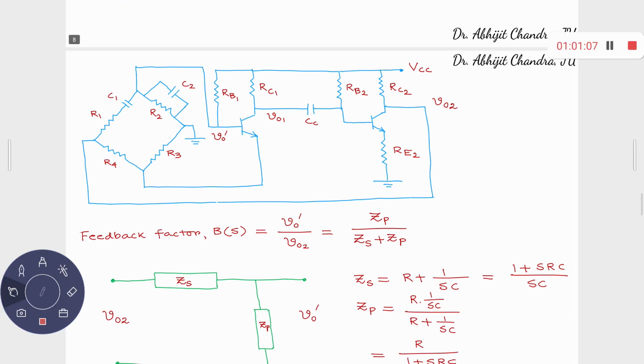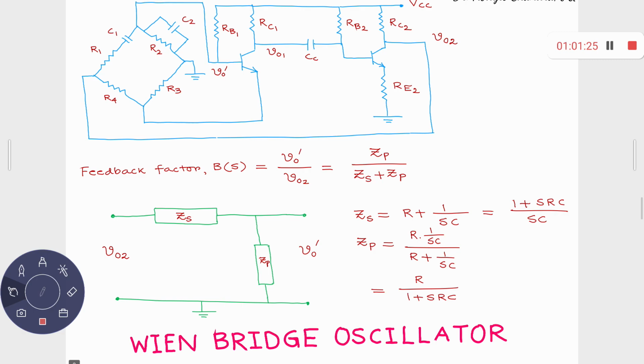What is the feedback factor? The input to amplifier 1 upon the output of amplifier 2, V0 dash upon VO2. So what is that? You can calculate this one.